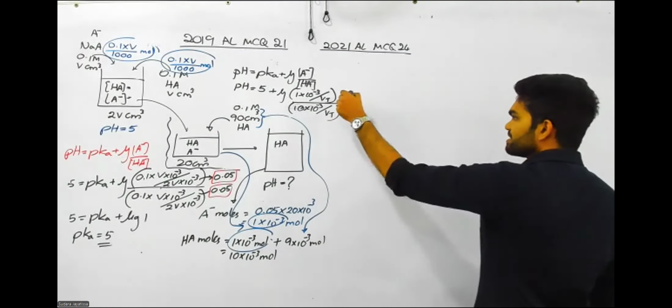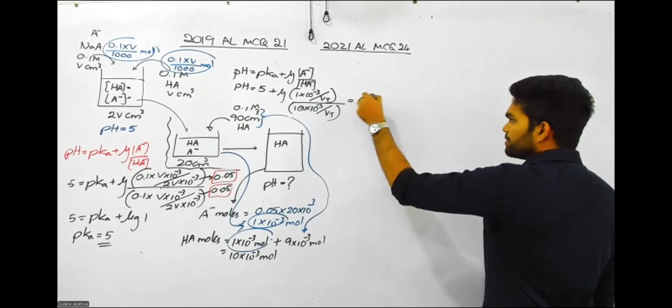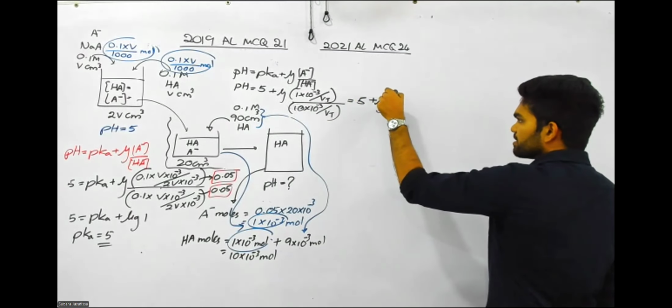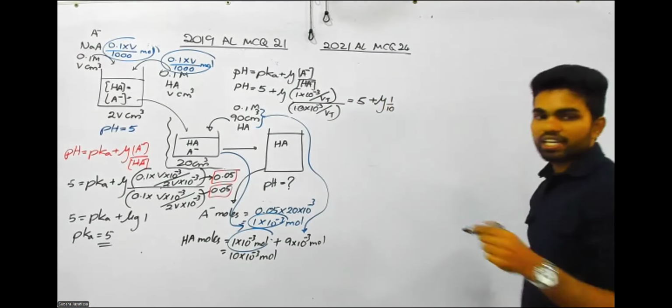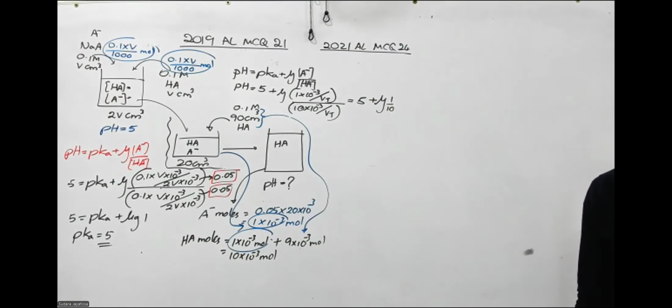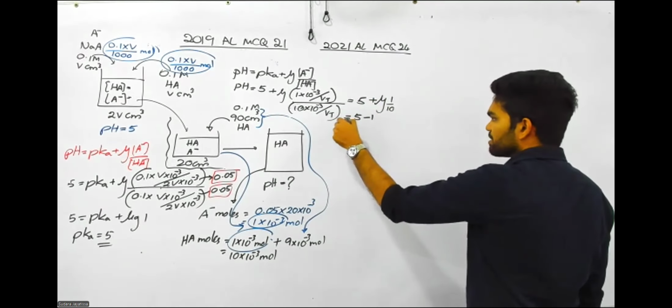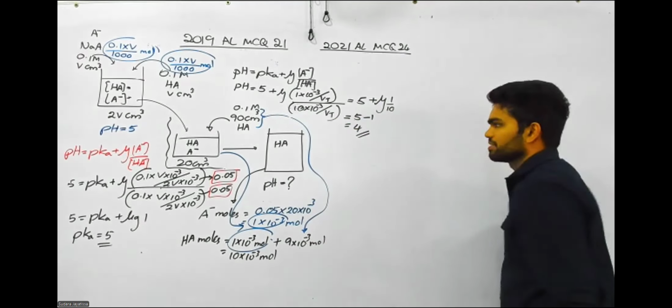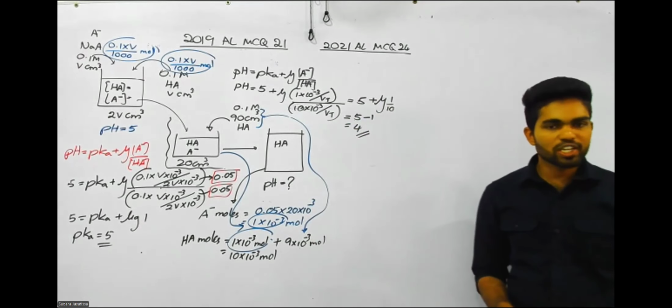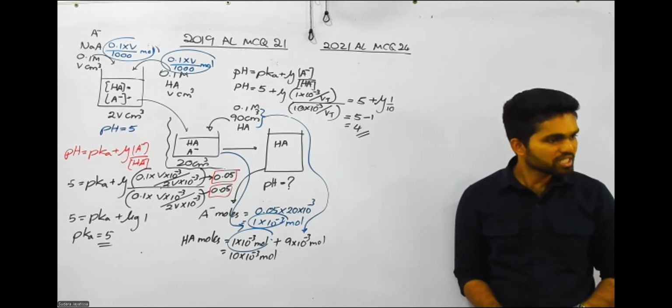If you simplify this, it will be 5 plus log 1 over 10. Log 1 over 10 is minus 1. So 5 minus 1 is 4. This is the new pH.